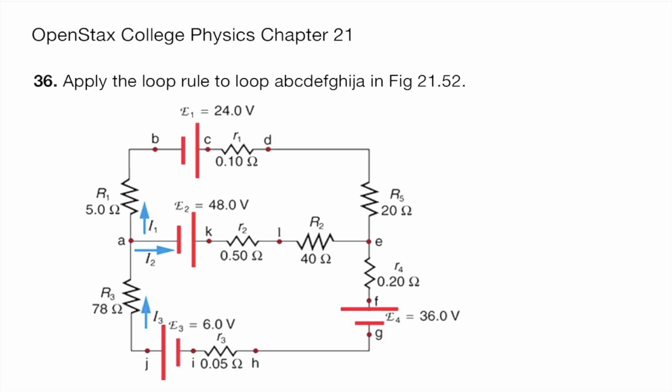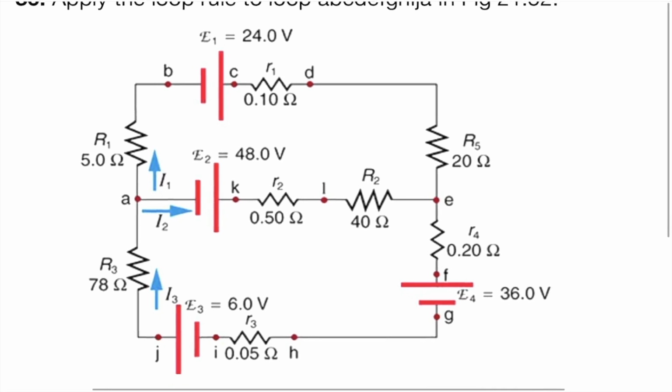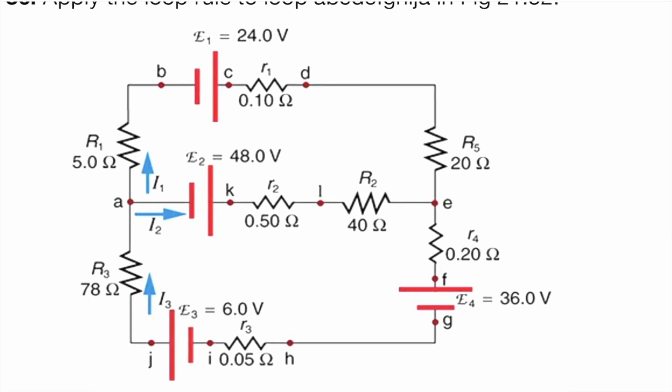Okay, so let's start by marking the resistors. And so I'm just going to zoom in. Wherever current enters, so I1 is entering R1, we're going to mark that with a plus. Wherever it leaves, that one's going to be minus.